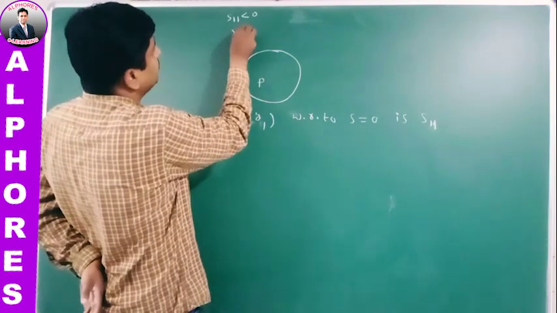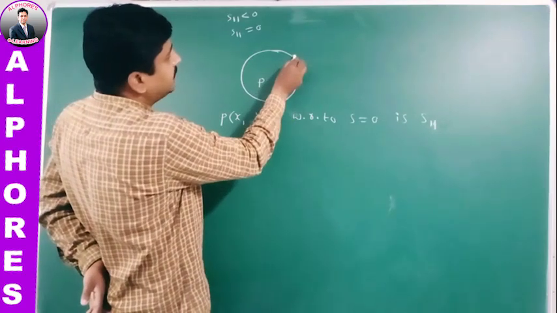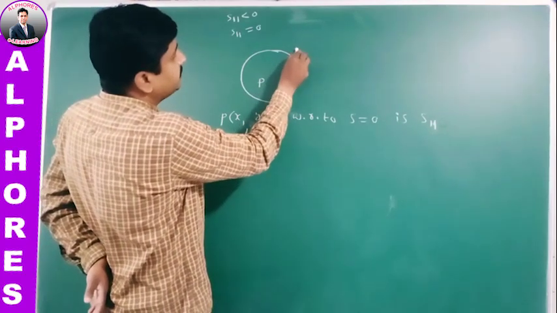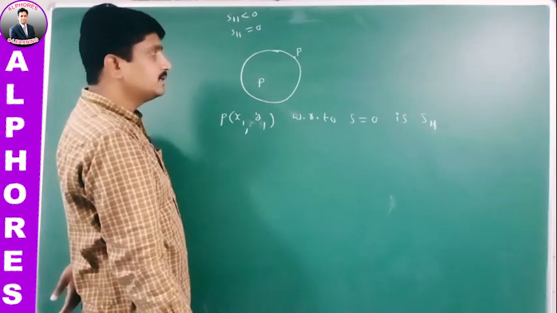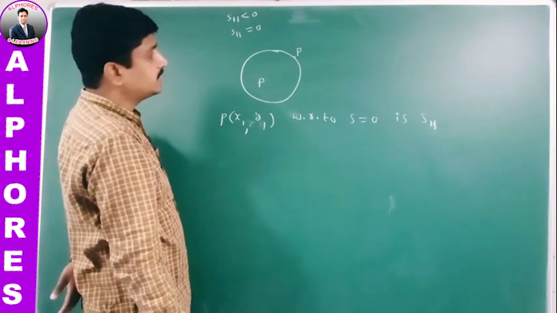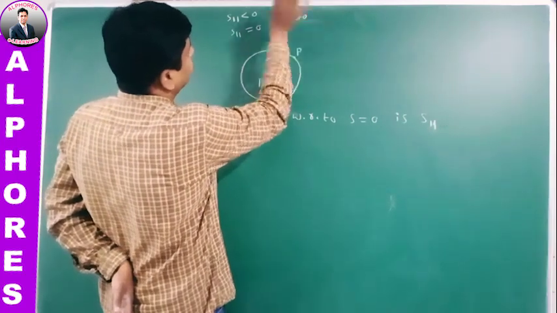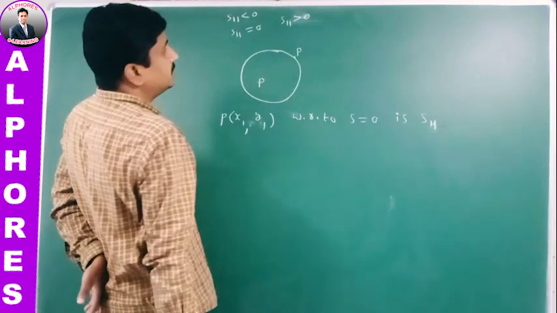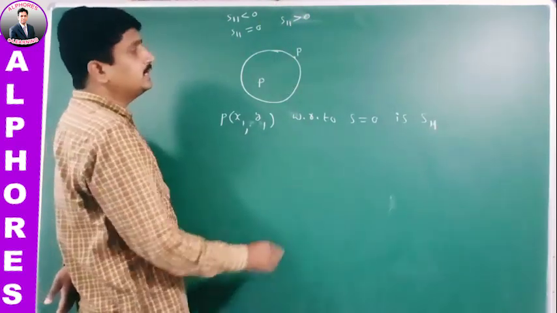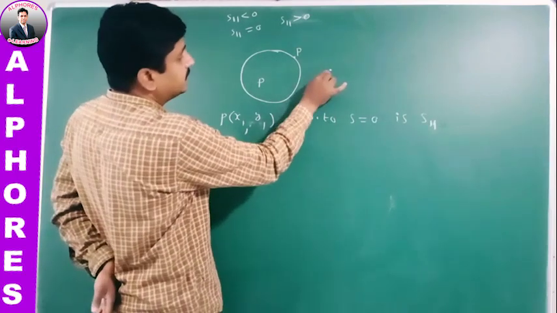Next, S11 equal to 0, then the point P lies on the circle, on the circumference of the circle. Next, S11 greater than 0, we say that the point P lies outside of the circle.